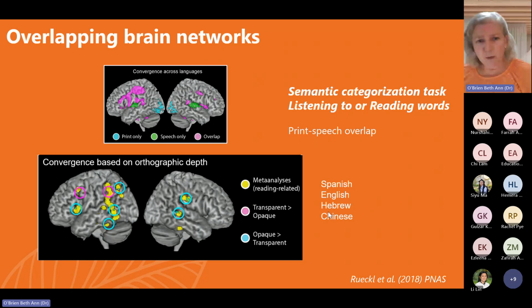And so when they compared languages that were either more shallow or transparent, like Spanish, to more opaque languages like English, Hebrew, as well as Chinese, what they found was that for the transparent language, there was more activity in the areas that we looked at before, which are related to the dorsal route of reading, whereas for the more opaque languages, there was relatively more activity in the more ventral areas that we talked about before.